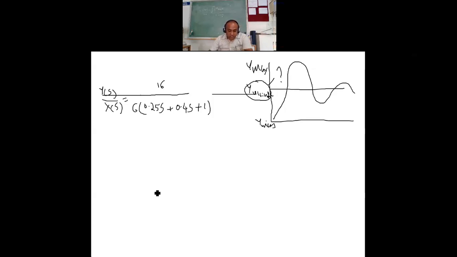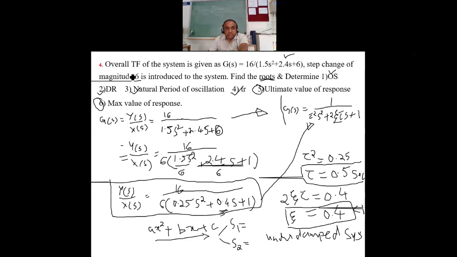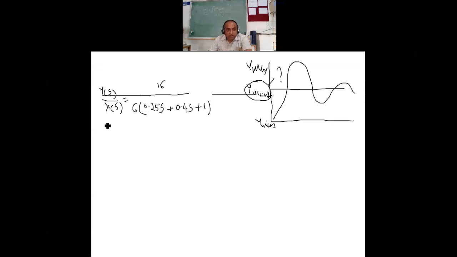What we'll do is, he has given the step input. If you remember, I'll go back. If you see there, there's a magnitude of 6. So a magnitude of 6 step change is given. I'll use that here. X of t is 6. This is the data given.